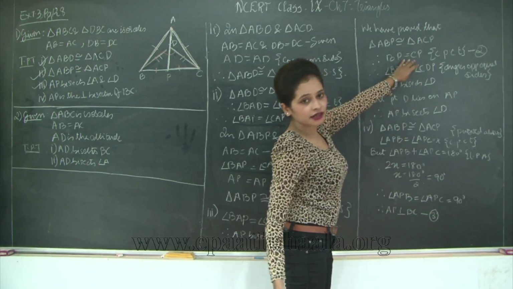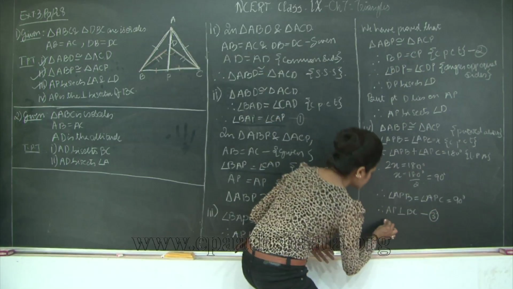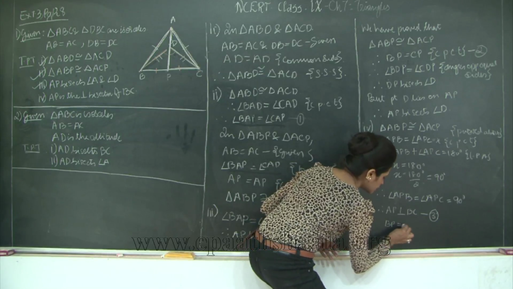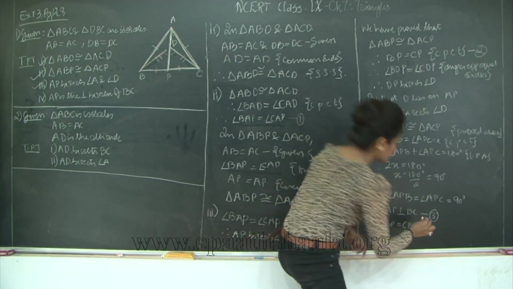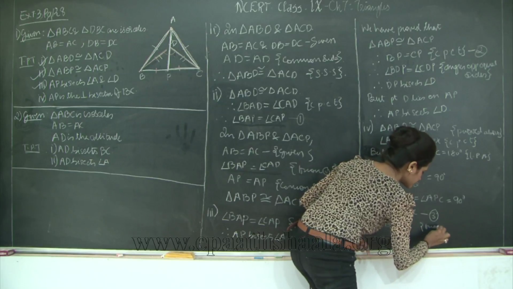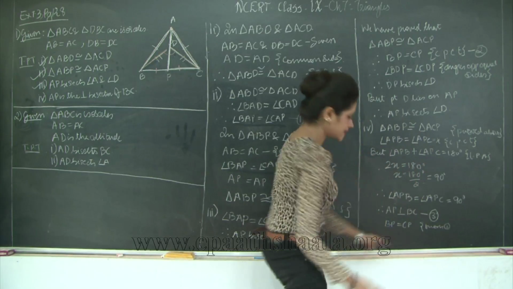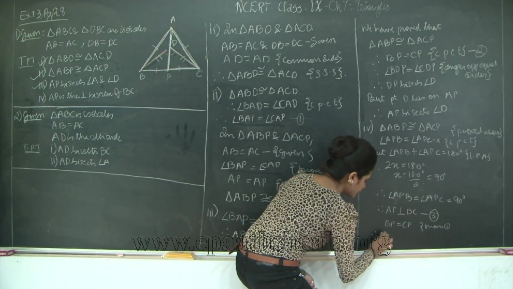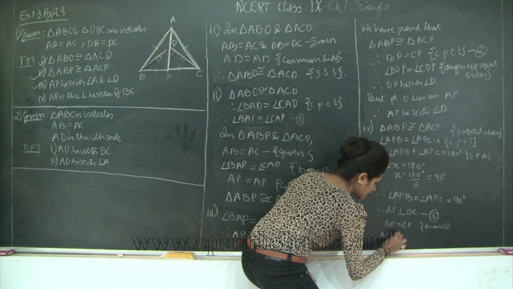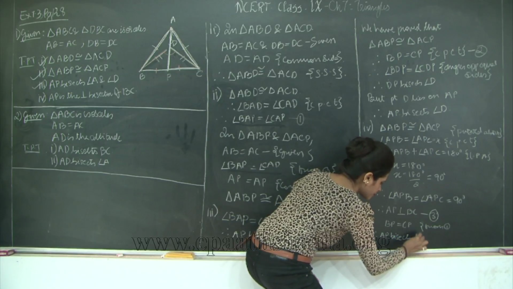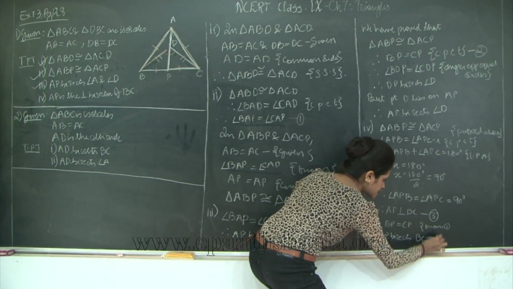Now, we are going to take BP is equal to CP from 2. Therefore, what can I say? Therefore, AP bisects BC. I will mark this as 4.